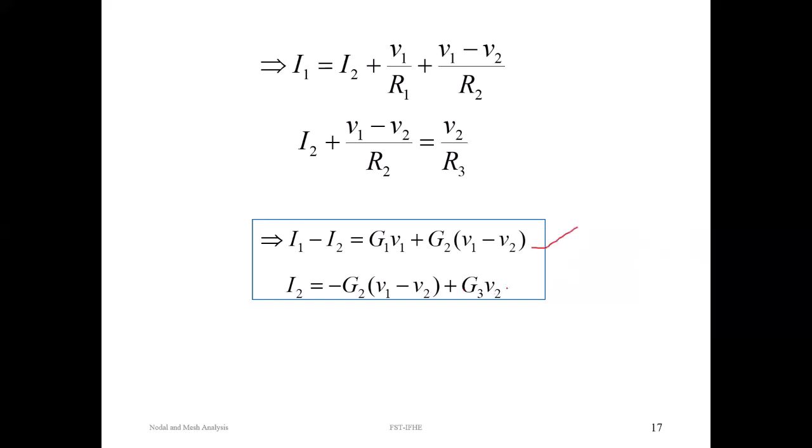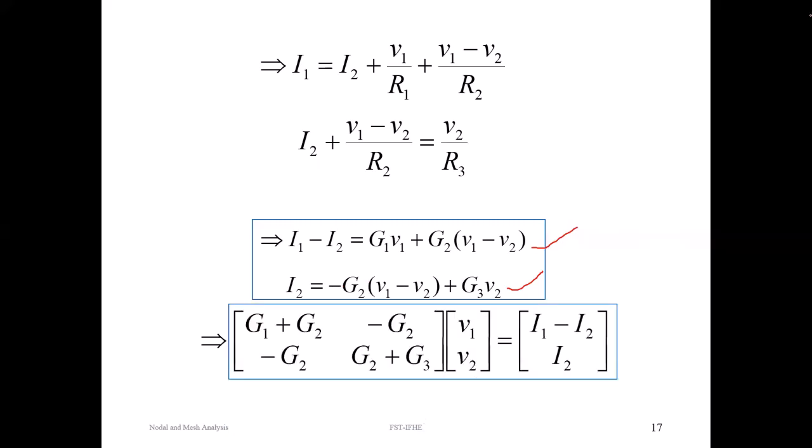So we can rewrite these equations in terms of node voltages: V1 into G1 plus G2, minus V2 into G2, is equal to I1 minus I2. The second equation can be rewritten as minus G2 V1 plus G3 plus G2 into V2 is equal to I2. Then we can represent these in matrix form.